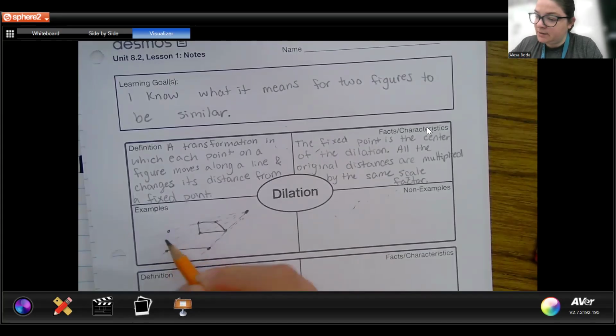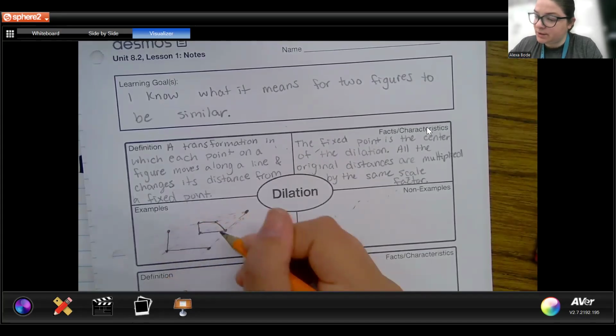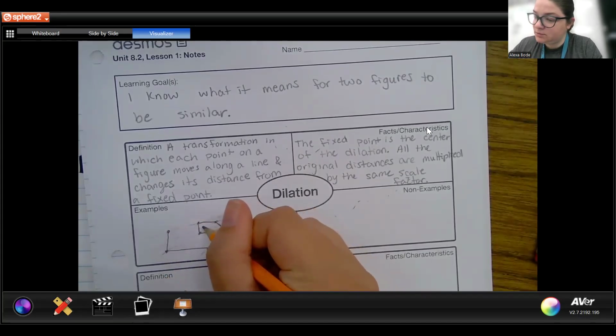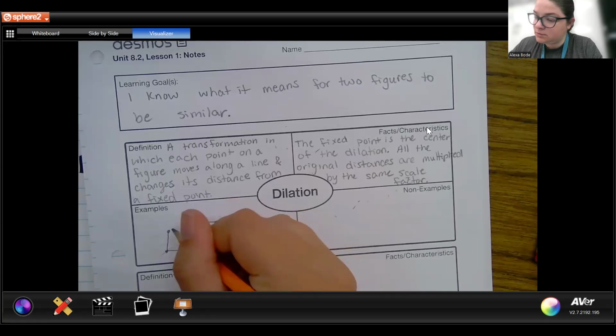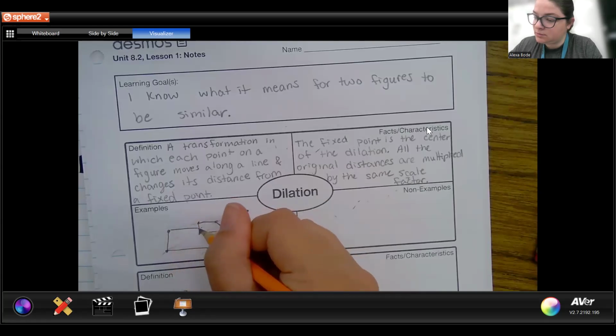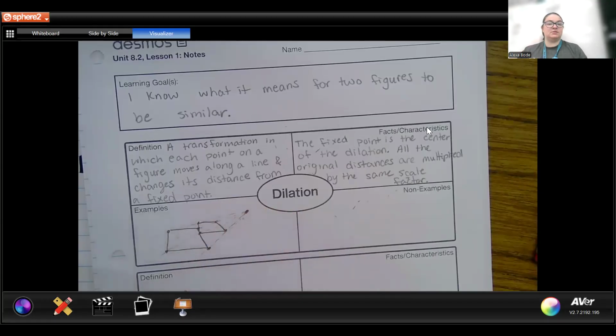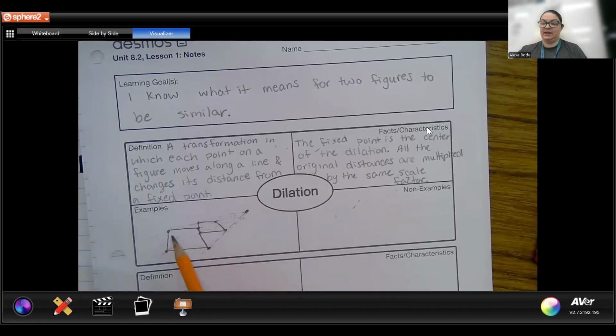And so now if I was to redraw my trapezoid, notice every single side got larger by approximately the same amount.